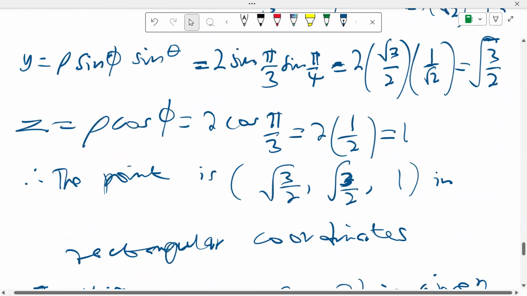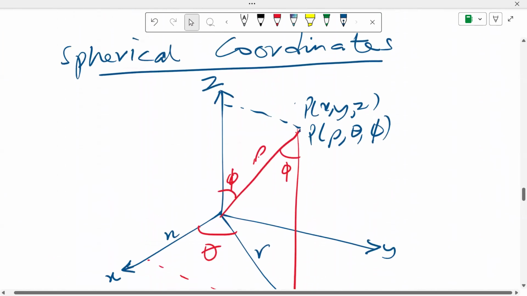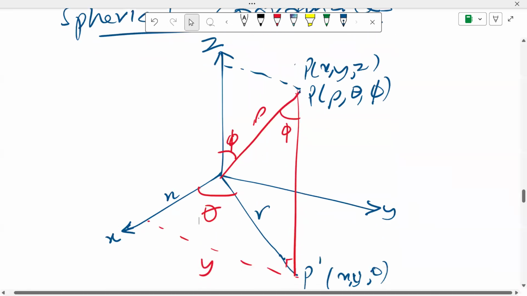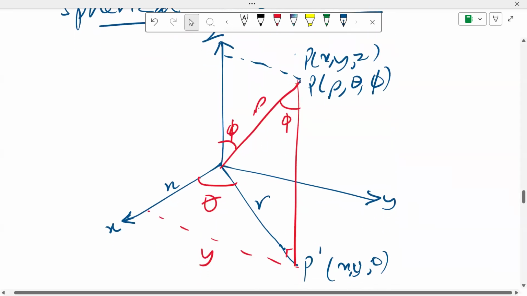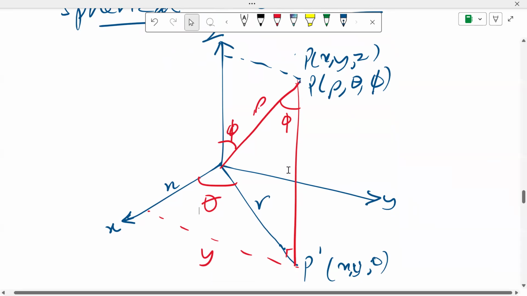Great. So let's go back, take your time and go through the question again. This is how we derive the spherical coordinates. So we have our z here. We also have our z. This is a right angle triangle, so we can actually move on. Then we also have our theta here.